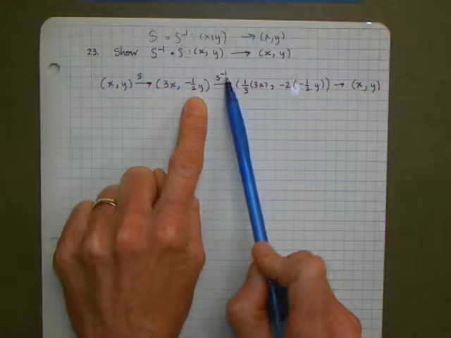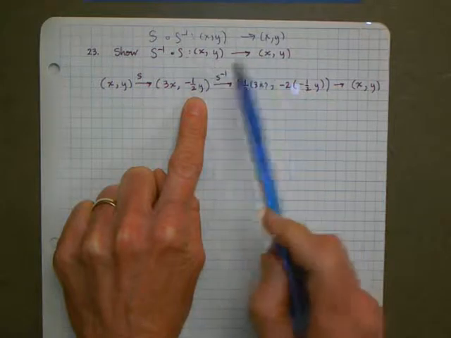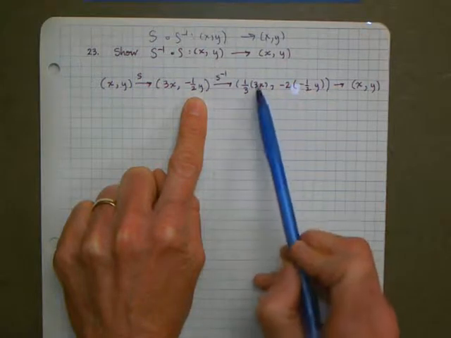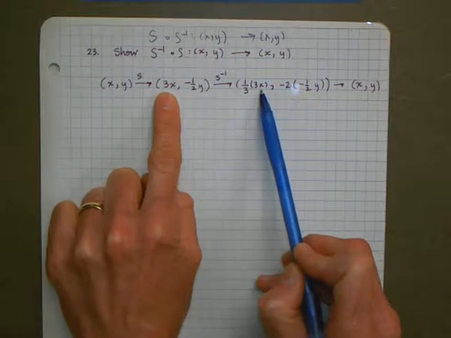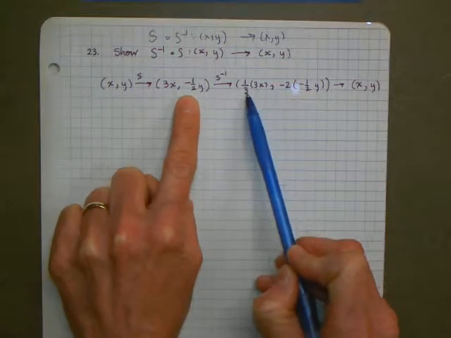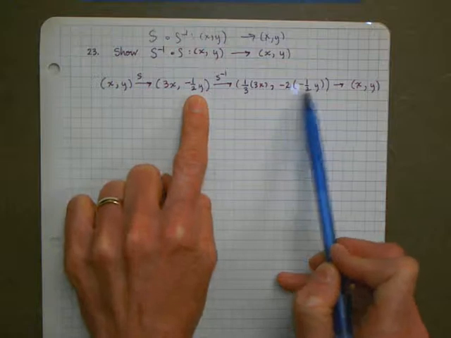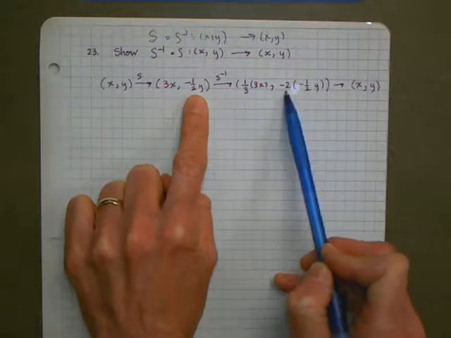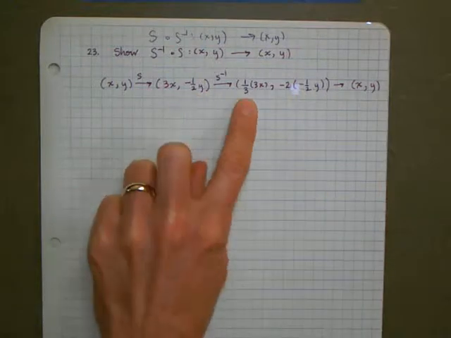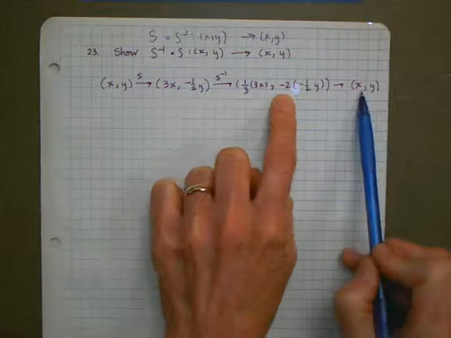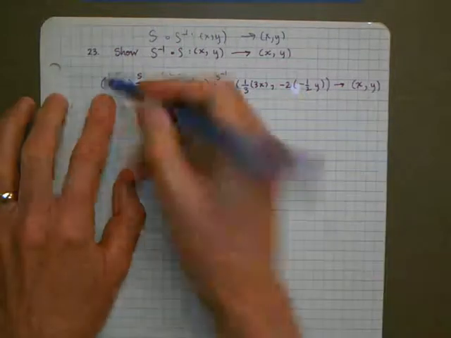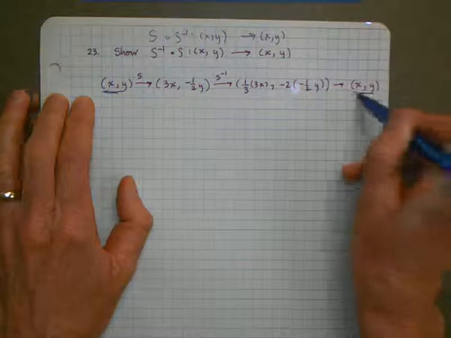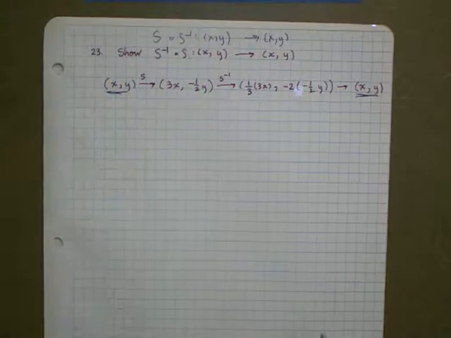S inverse takes your x value, which is 3x, and multiplies it by a third. It takes your y value, which is minus a half y, and multiplies it by negative 2. A third times 3x is x. Negative 2 times minus a half y is y. So I start out with (x, y), I end up with (x, y). The composition of functions takes (x, y) to itself. So that is done.